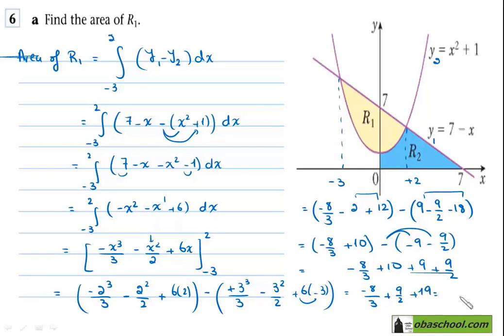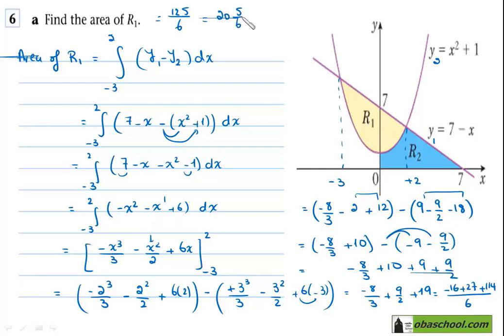We take a common denominator, which is 6. You can use the calculator to solve this. We will have minus 16 plus 27 plus 114 over 6. The final value is 125 over 6. We can simplify it: it is 20 and 5 over 6 as a compound fraction.